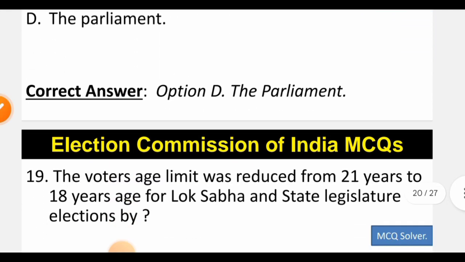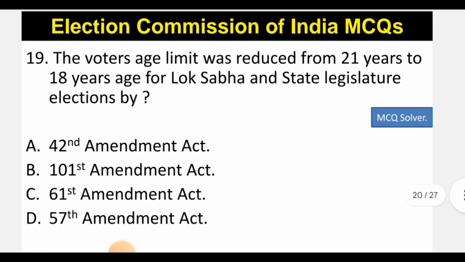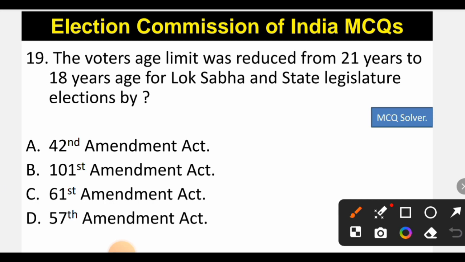Now let's move to question number 19. The voters' age limit was reduced from 21 years to 18 years for Lok Sabha and state legislature elections by, so the correct option will be option C, that is the 61st Amendment Act.